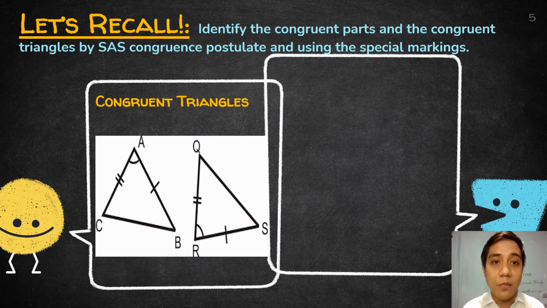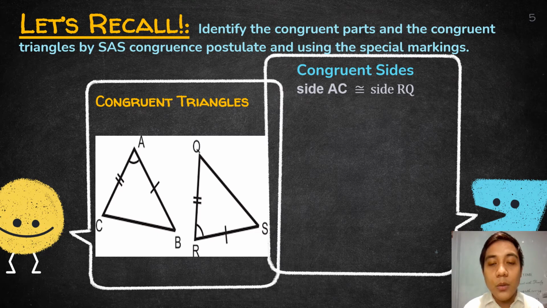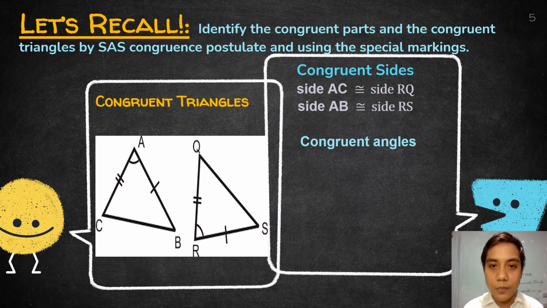Based on the given figures and the markings, we have these two sets of congruent sides. Side AC is congruent to side RQ. Side AB is congruent to side RS. We also have congruent angles. Angle A is congruent to angle R.